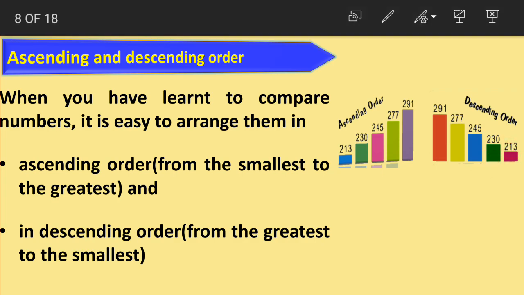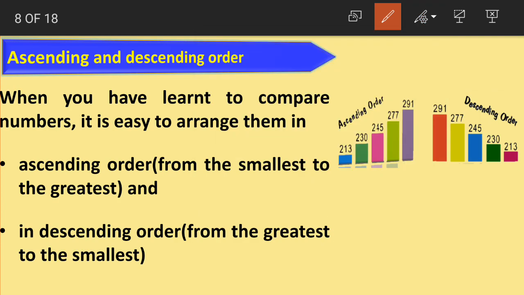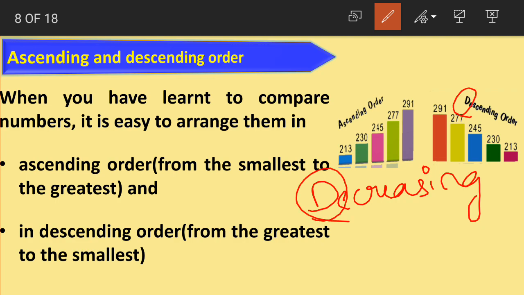Is it clear, children? Now how to remember which is ascending and which is descending? You can remember descending as D for decreasing. Don't mind my dirty handwriting, children, please. D for descending and D for decreasing. So descending order has numbers in decreasing order.